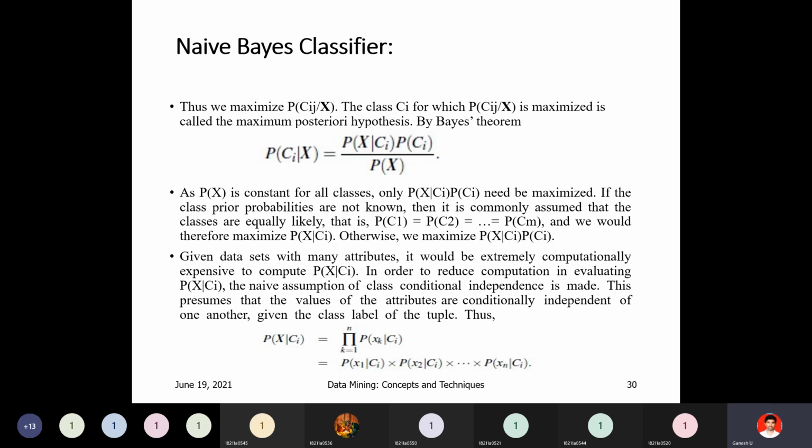If there are many properties, so many attributes in the given conditions, then it also becomes more: probability of x1 by c1, probability of x2 by c2, x3 by c3, x4 by c4 and so on up to xn by cn. You have to multiply them.